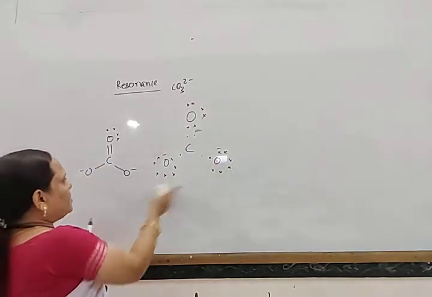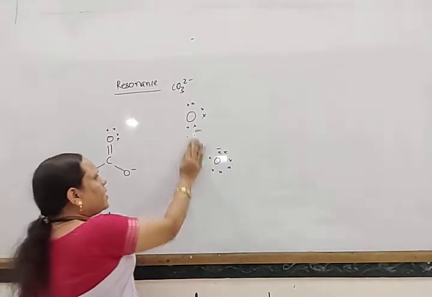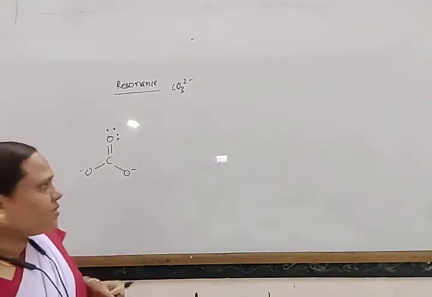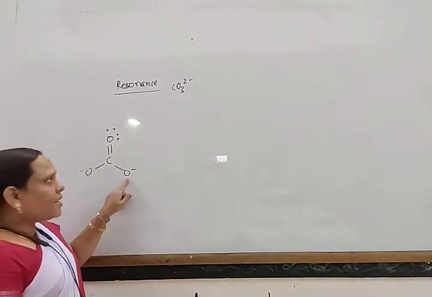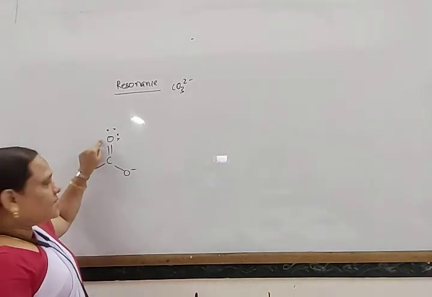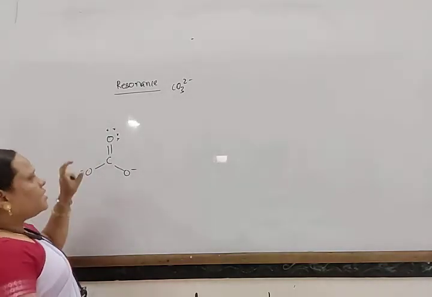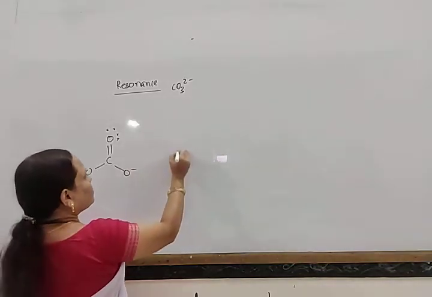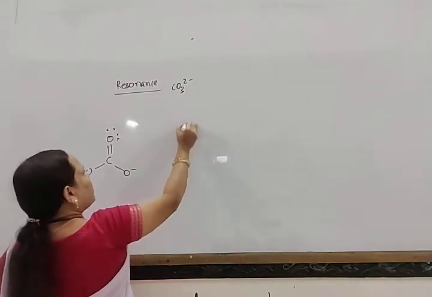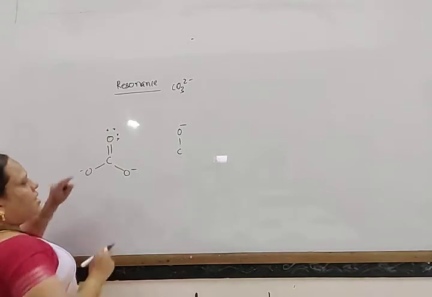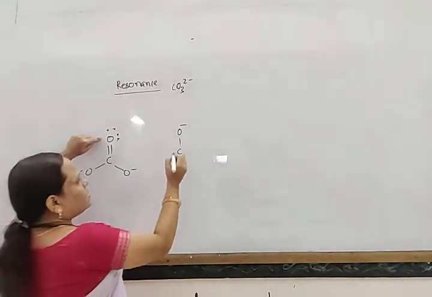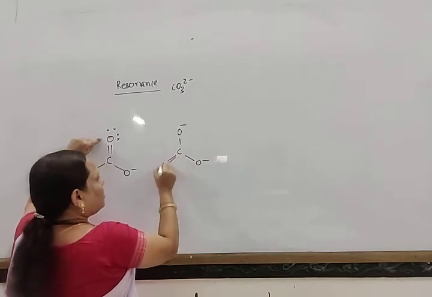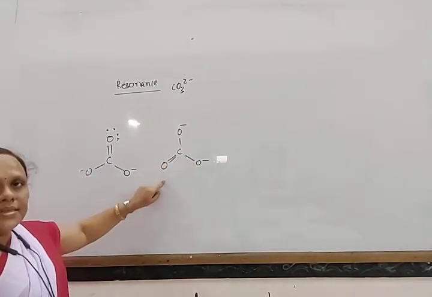So from this Lewis structure we get this bond line structure. Now look here. Suppose someone says why does this oxygen receive the electron, 1 electron, why not this one, and why this oxygen? So we can write the structure of this carbonate ion in another way also. If this oxygen receives the electron, then it becomes O minus, and the double bond O, like this.